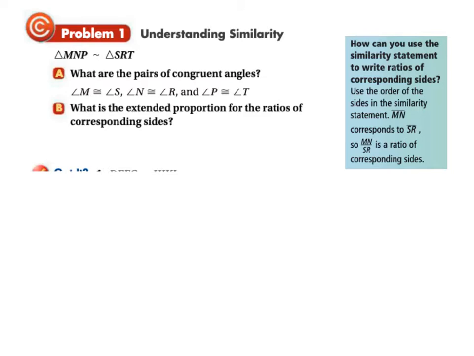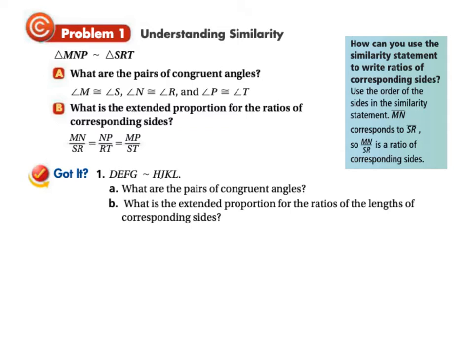The order of the sides, like MN, will correspond to SR, the first two letters, etc. So that's a ratio, okay? What are the proportions there? Well, MN over SR is equal to NP over RT is equal to MP over ST. Yep. Try the next problem, see how you do.